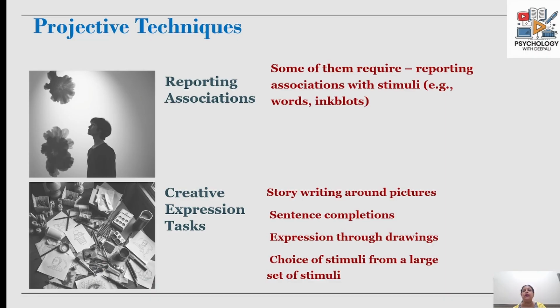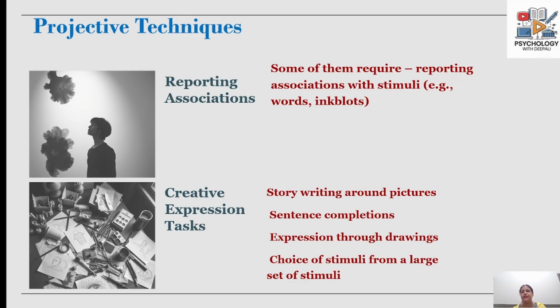For example, words are given and the person is asked to associate other words, or ink blots, which are in the form of a picture card, are provided, and the person has to associate whatever comes to his mind by seeing that particular ink blot. Then there are also story writing activities where picture cards are provided with certain characters or figures presented on those cards, and the person has to create a story around those characters.